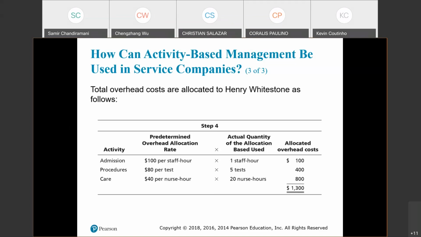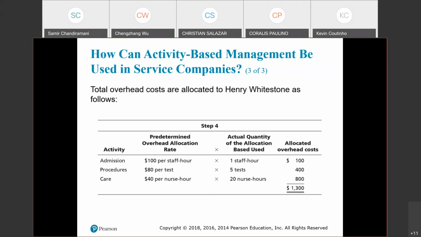The hospital could then use the costing information to make decisions about prices to charge the patient, and also evaluate its activities and look for ways to cut the cost.